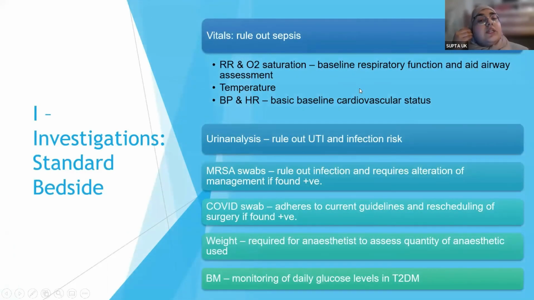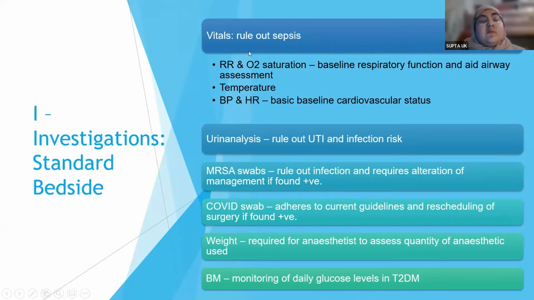Then you have the investigations. So the basic ones you need to think about are vitals. You need to rule out sepsis, so you follow the sepsis 6 if need be. Then you check the respiratory rate and the oxygen saturation, which tells you the baseline respiratory function and is part of the airway assessment essentially.